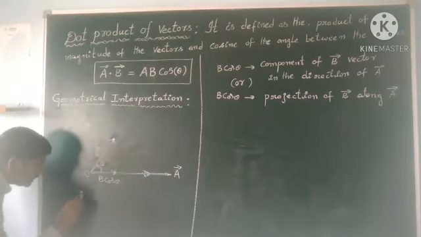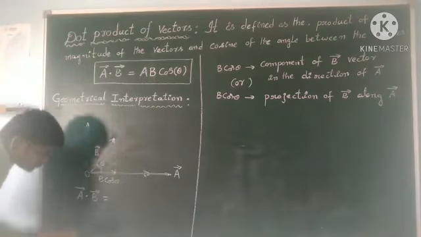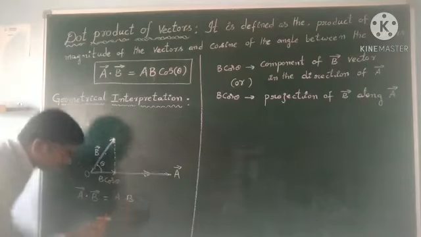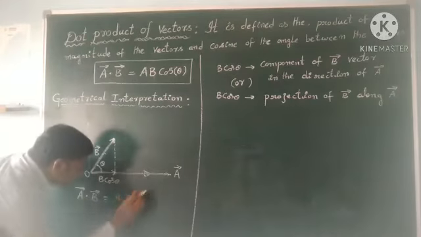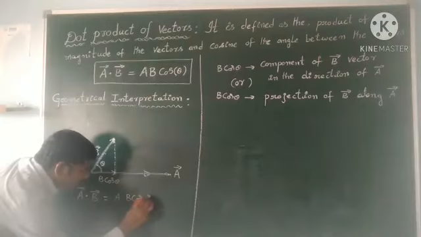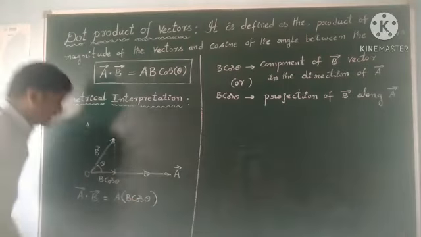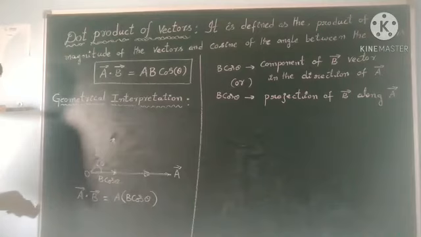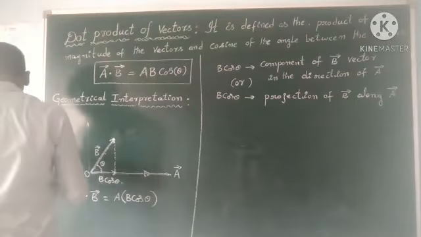A bar dot B bar is equal to A into B cos theta. And B cos theta name we know here.